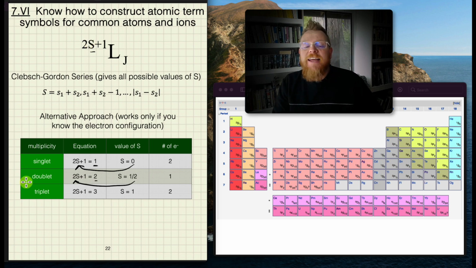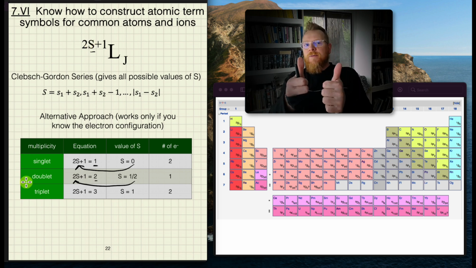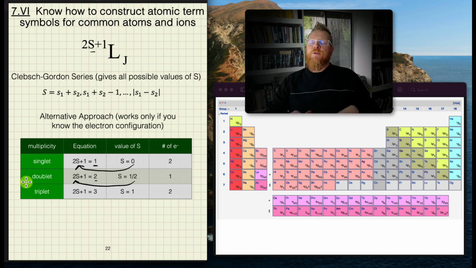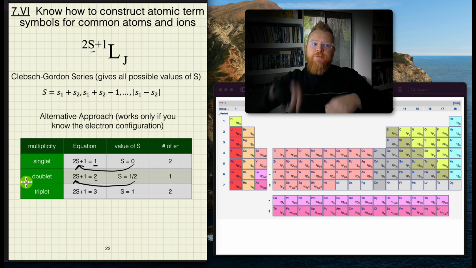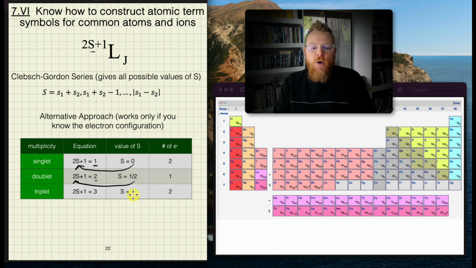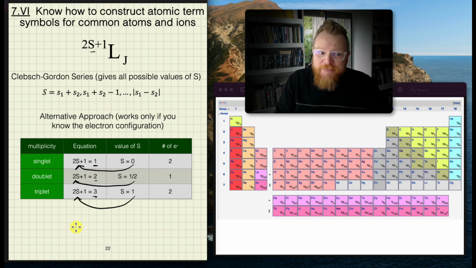And now finally, if it's a triplet, both are either spin up or spin down. So that could be like plus 1/2, or minus 1/2. We use the absolute value. So S is equal to 1. When I have 2 times 1 plus 1, that gives me 3. So that's a triplet. And if I knew it was a triplet, I could have just written triplet automatically.